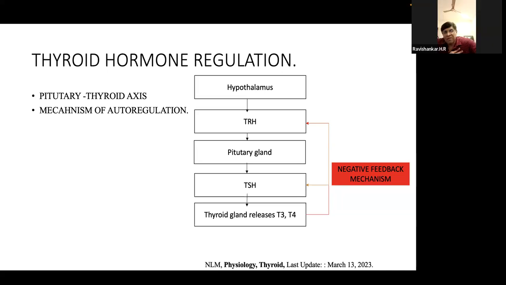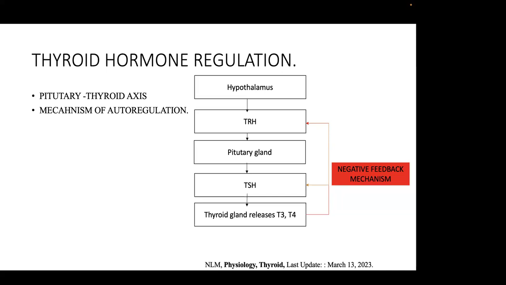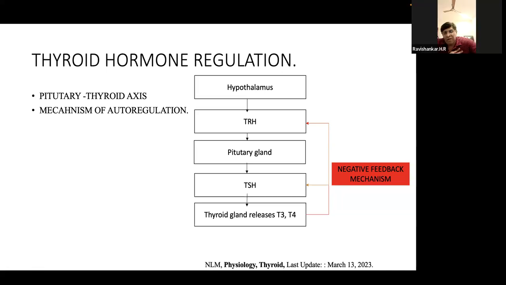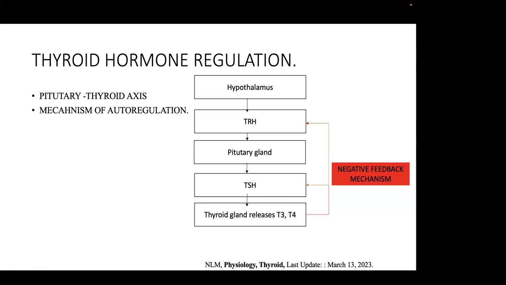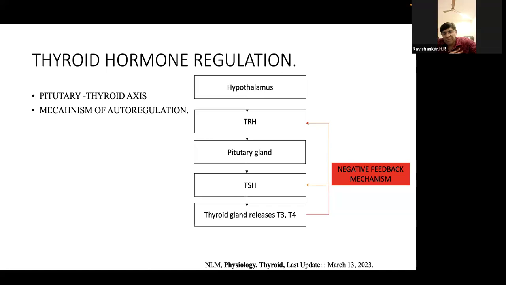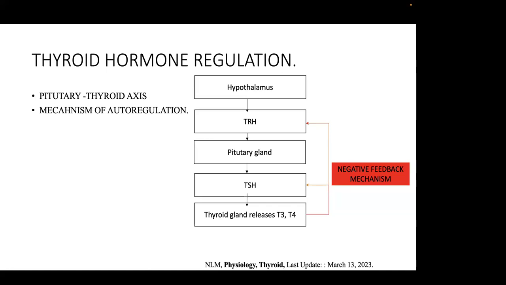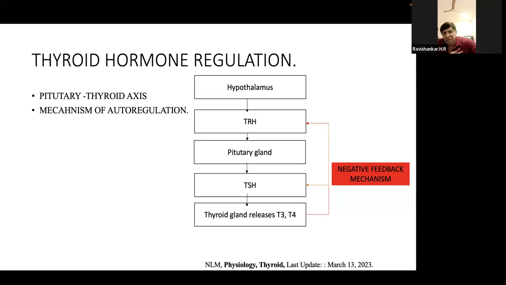Nikita? Sir, 0.3% of T3 is free, sir, and T4 is further less, 0.03%, sir. Are you sure about this? Yes, sir. Vinod, what is the proportion of free T3 and free T4 compared to the bound version?